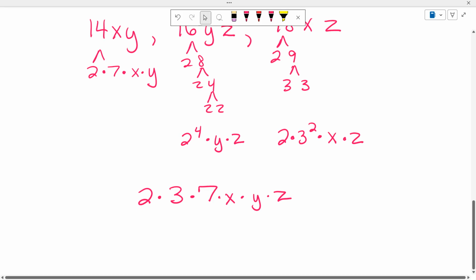What's the highest power 2 appears to? 4. What's the highest power 3 appears to? 2. What's the highest power 7 appears to? 1.